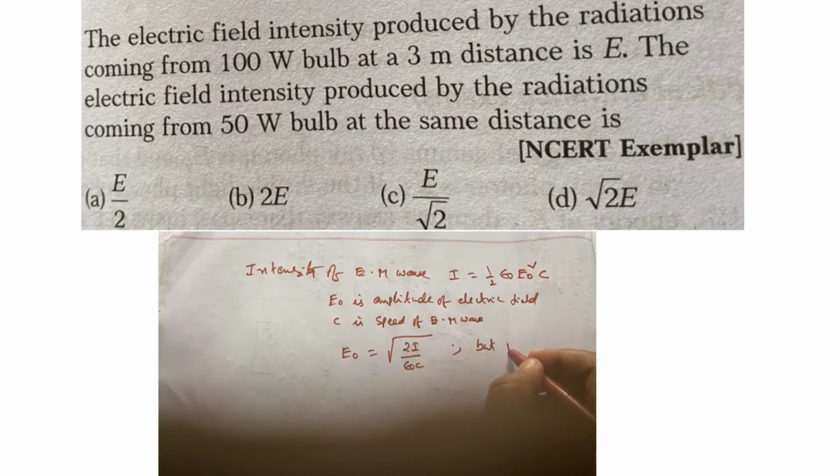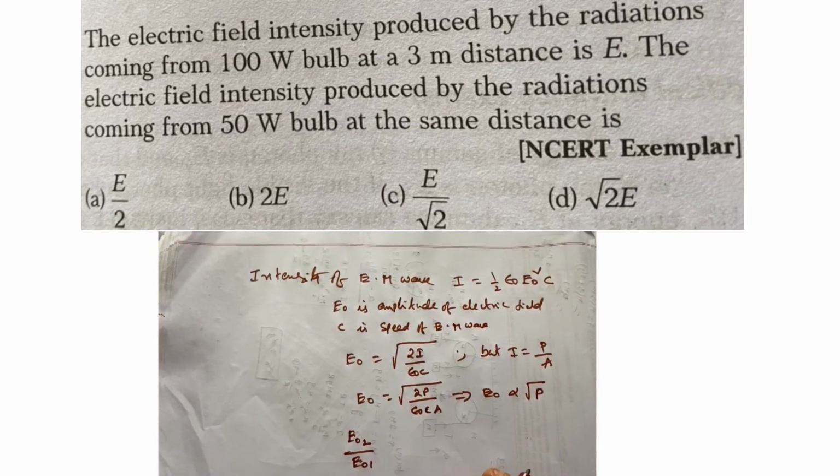But intensity I equals P by A. E naught equals root of P by epsilon naught C A. E naught is proportional to root P. E naught 2 by E naught 1 equals root of P2 by P1.